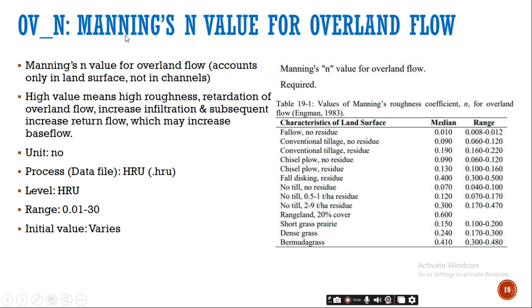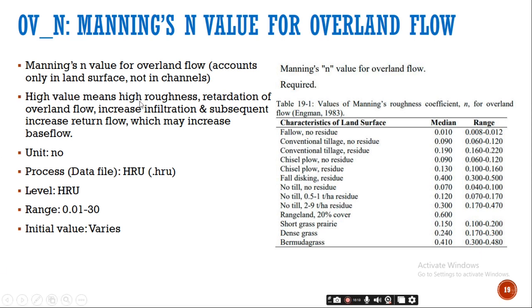Then after OVN, Manning's N value for overland flow. You know the overland flow: when rain falls, some water goes to the infiltration and groundwater, and the water which is available on the surface overflows. That is called overland flow.